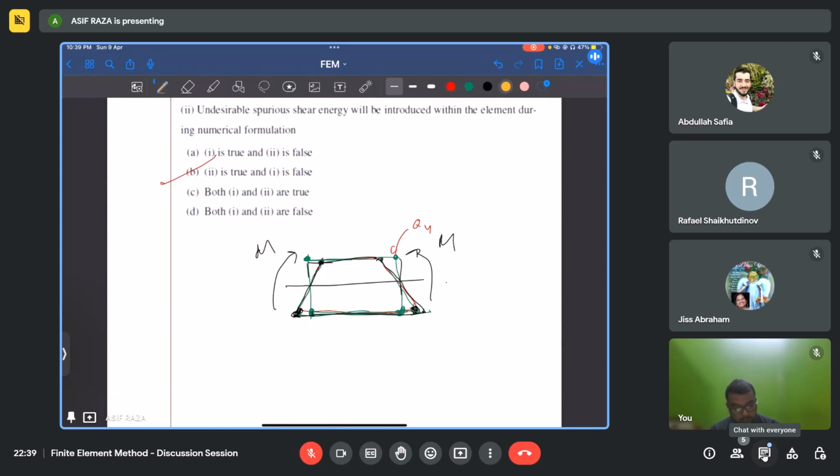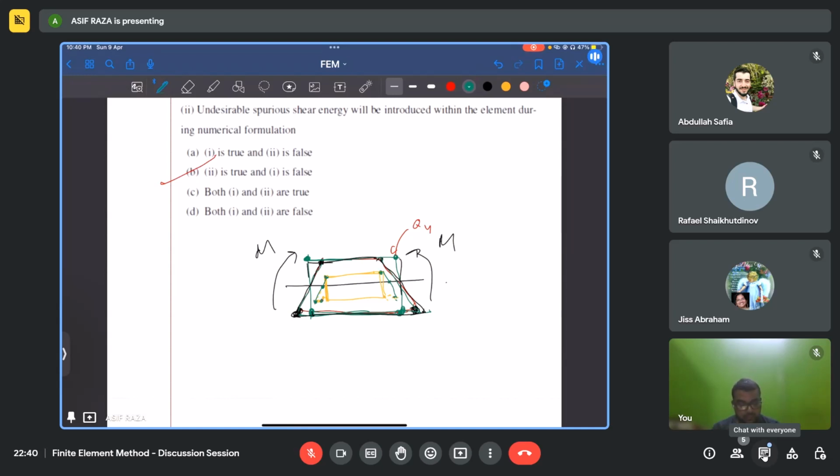And the points at which we are calculating are supposed to be inside. Normally the points are like this, rather it should be like this. So effectively, what we are getting is shear at the neutral axis. We should not get that.